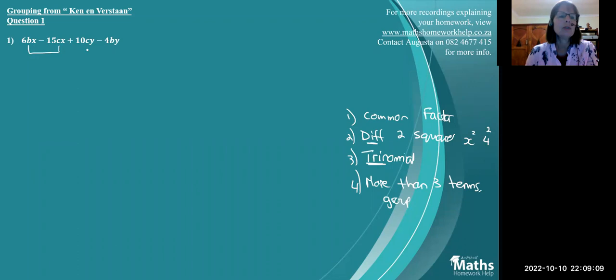With the second 2, I can take out the y, which is common, and a c and a b will remain. So we will sit with something common. So I'm going to put brackets around the first 2 and then brackets around the last 2.